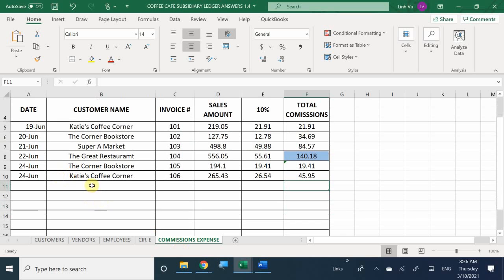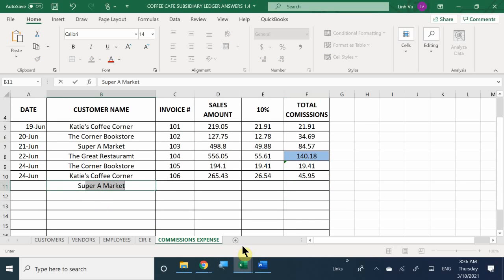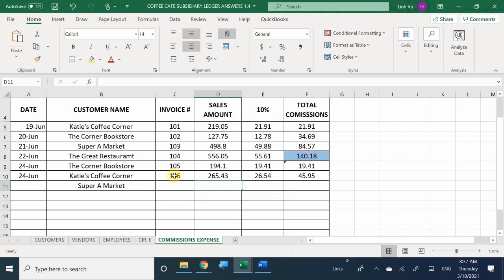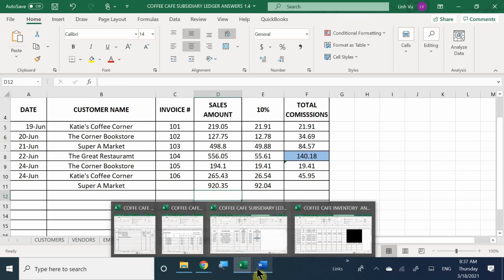Okay, so we have Super A Market. What was the total amount on the invoice? $920.35.